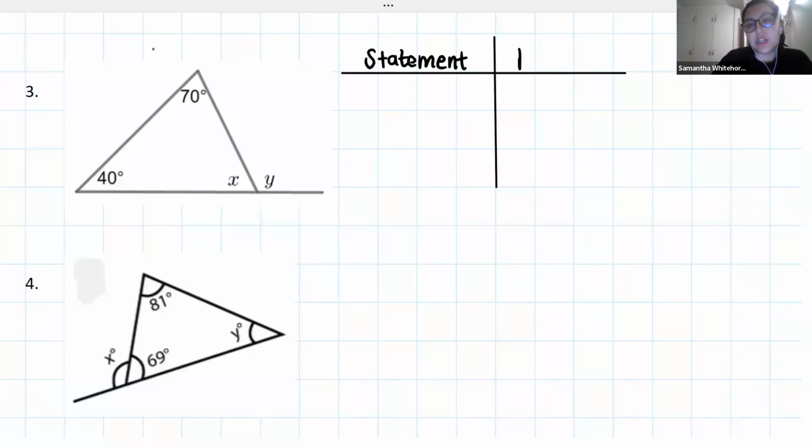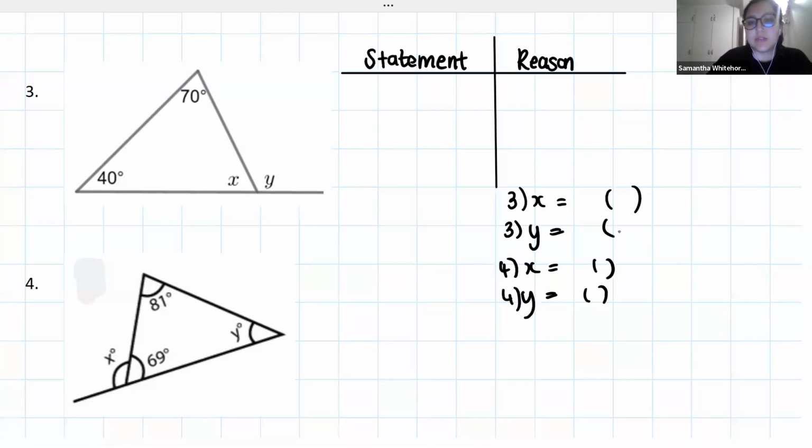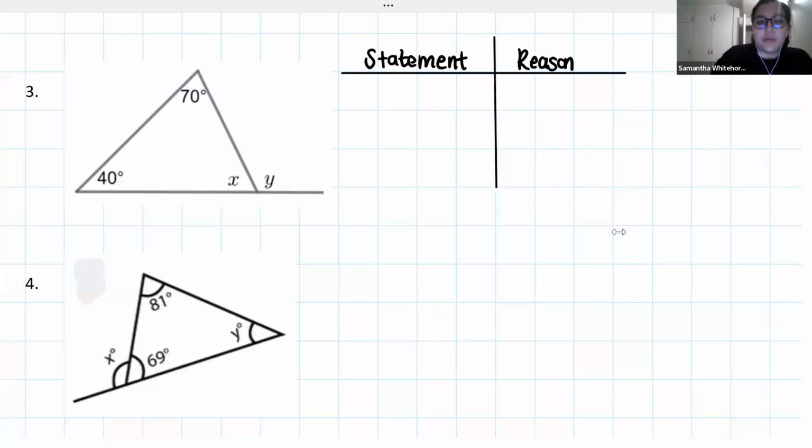So please, in the chat, when you give me an answer, please say 3x equals whatever, and then your reason. 3y equals whatever your answer and your reason, and then 4x equals whatever reason, 4y equals whatever your reason. So just make sure you number your answers correctly so that we can see what's going on. We can agree, or hopefully we can help you if we see any funny little mistakes going on. But I want you to try question 3 and 4.